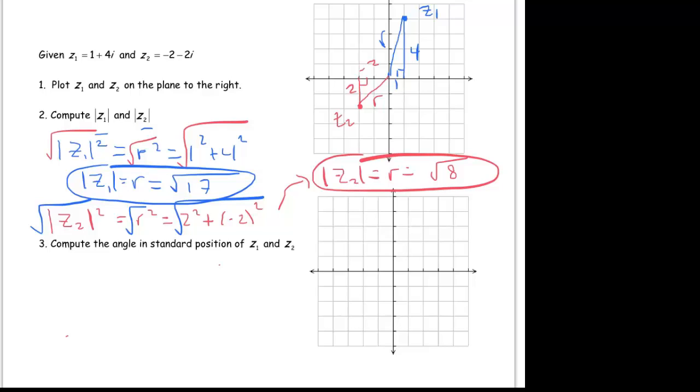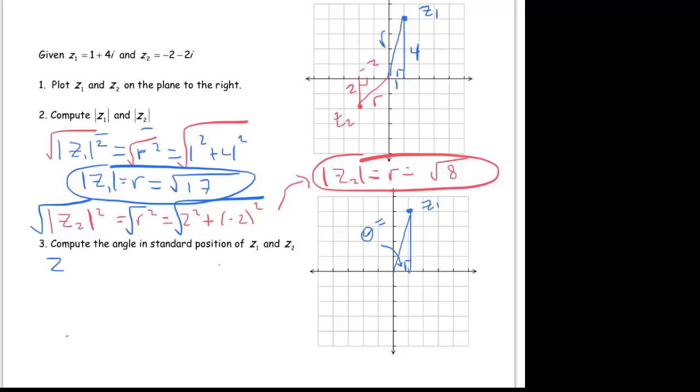Now we have to compute their angles. So I'm going to redraw them here. This is z1 again, 1 plus 4i is here. And so if I draw that triangle there, I'm interested in this angle right here, call that theta. And so I can get that pretty easily, right?